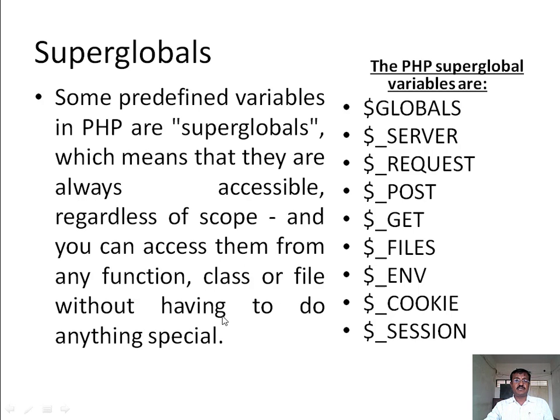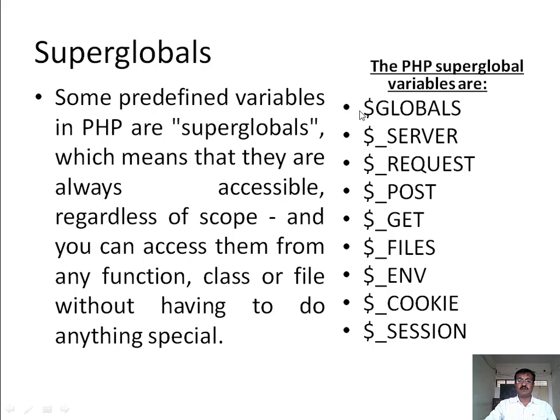Next, in PHP we have a set of super global variables. We have got some predefined variables in PHP. They are called super globals, which means that they are always accessible regardless of scope, and you can access them from any function, any class or any file without having to do anything special.